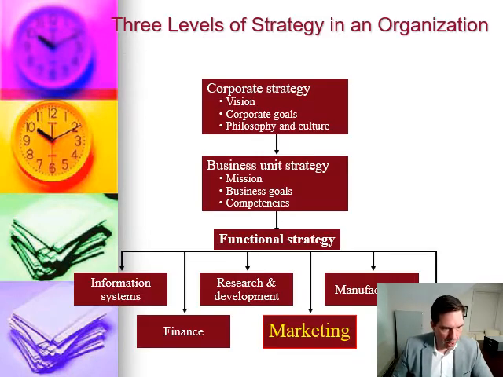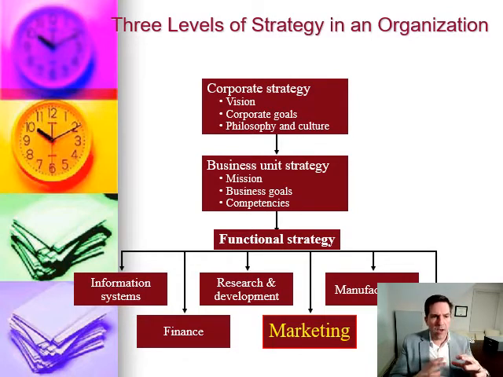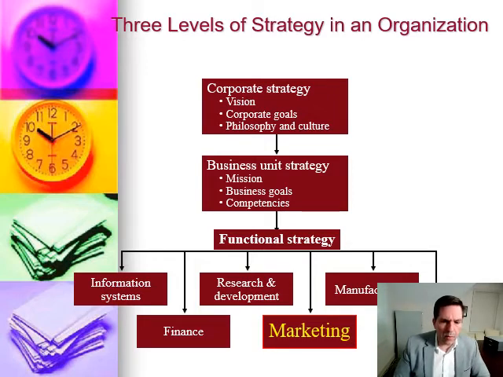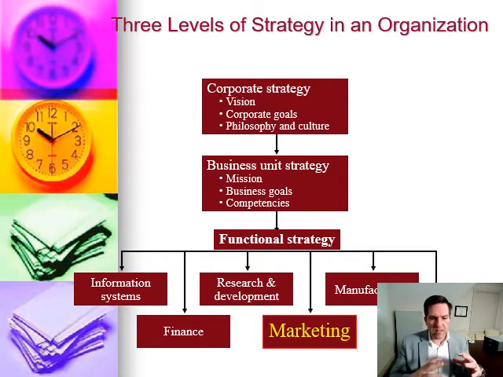Okay, good. Now, how does strategy look at the organizational level if you're looking at the whole company? Okay, so the big picture, you have corporate strategy, then you're going to basically define the vision of the company. So what are we trying to do as a company? Make profits and what else, right? Then after that, you're going to have different business units.